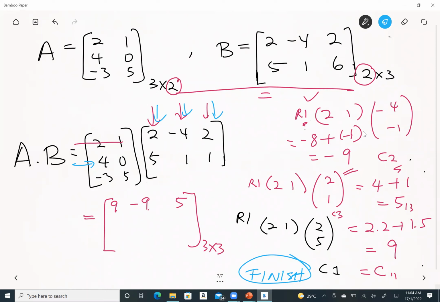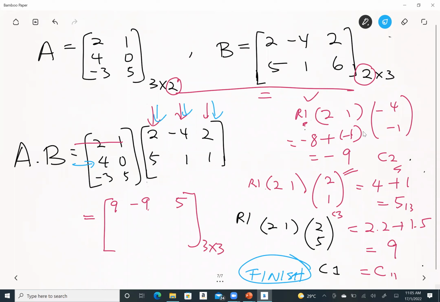You got it? Yes, sir. Okay, good. So if I want to do it all, that will take a lot of multiplication. I hope everybody understands that principle. The only mistake we may make is sometimes when you add, maybe it's wrong. So after you do the multiplication and the addition, just check whether it's correct or not.